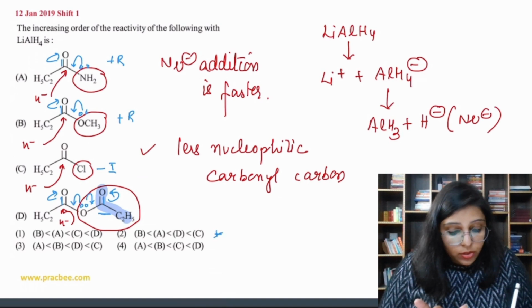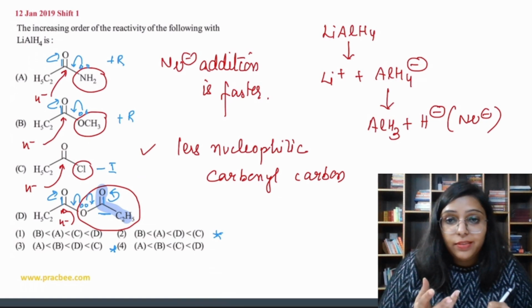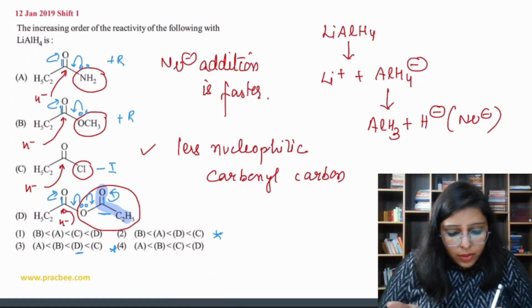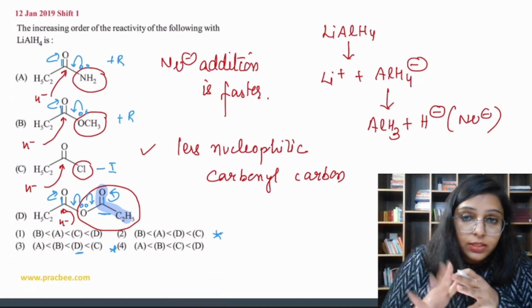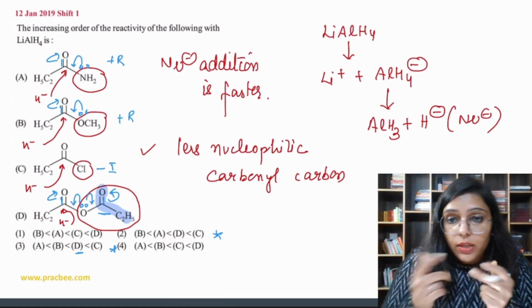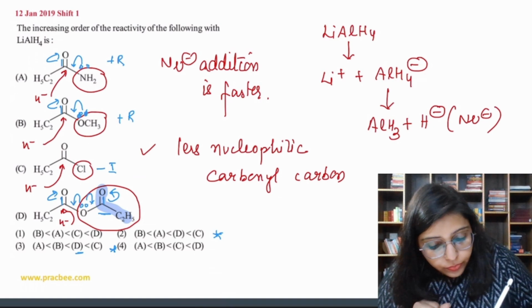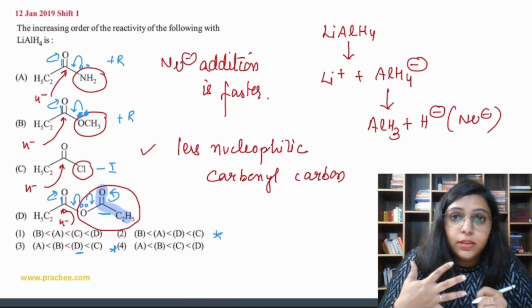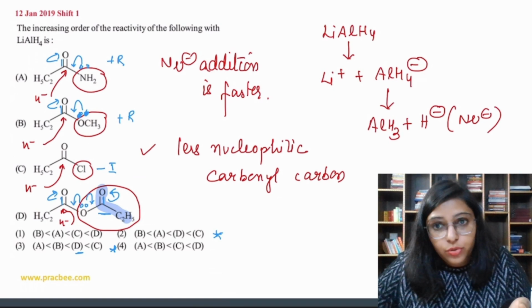Now we have only two options, 2 and 3. After C we have to find out, there is no other, we have either option number 2 or 3 as the correct one. So after C it is D, because the oxygen lone pair is not solely available for one site, it is for two sites. So we have D, then we have OCH3 and NH2. Now oxygen is a more electronegative atom, so it has less tendency to give its lone pair to the carbonyl carbon in comparison to NH2, right?